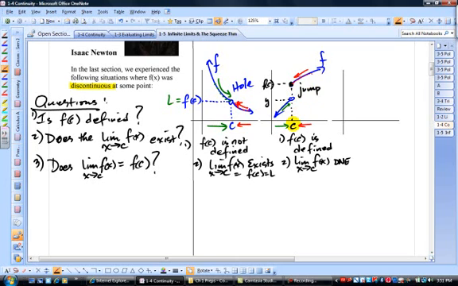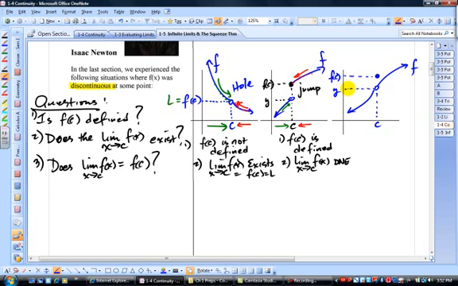The third situation that we looked at was this situation here, where you have a function f and it's got a hole at c, but it's also got a closed point right above c, and that's at f of c here. Let's say that this is some y value right here.